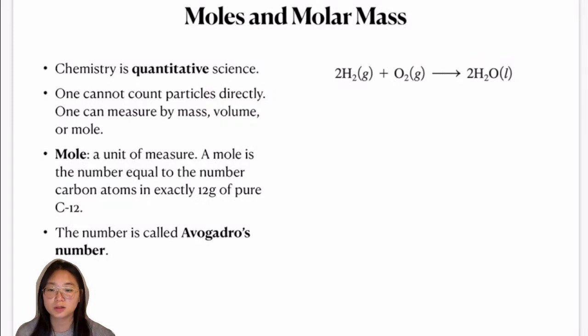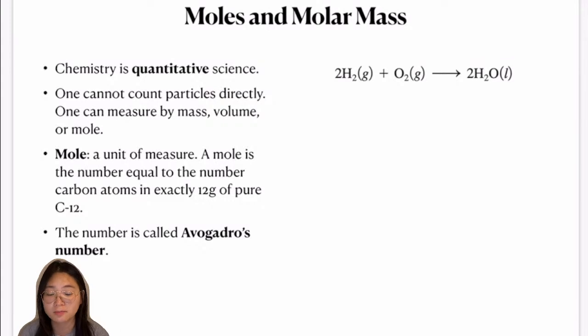So because chemistry is a quantitative science, we actually need to measure the amount of the matter, the amount of the reactants and the products in chemical experiments. The thing is, we cannot count the particles directly. Well, I can count the number of a lot of objects, such as one iPhone, two iPhone, three iPhone, one MacBook, two MacBook, three MacBook.